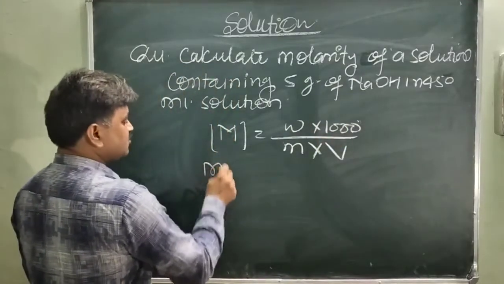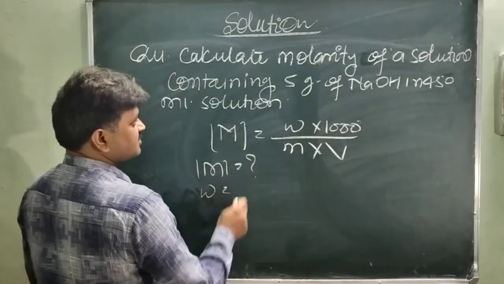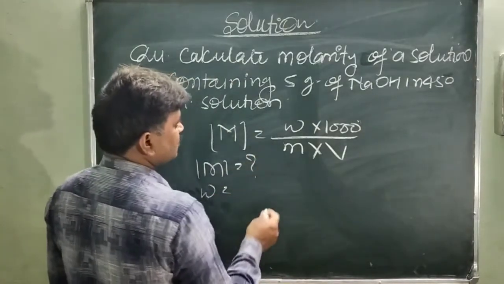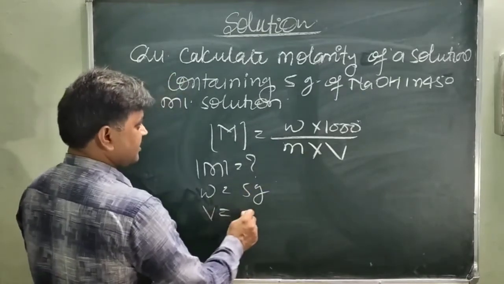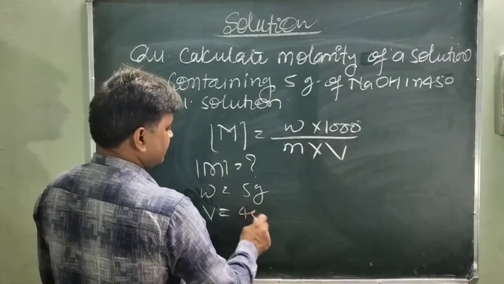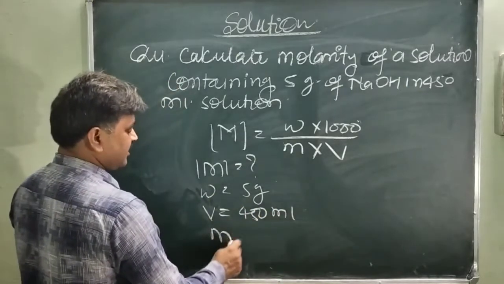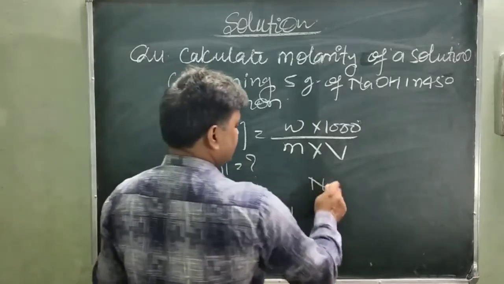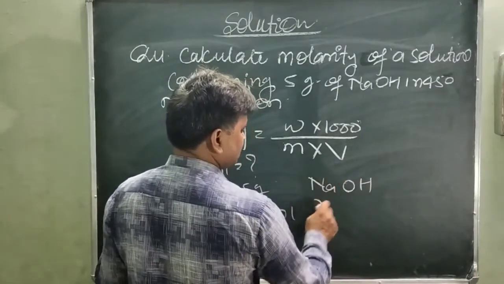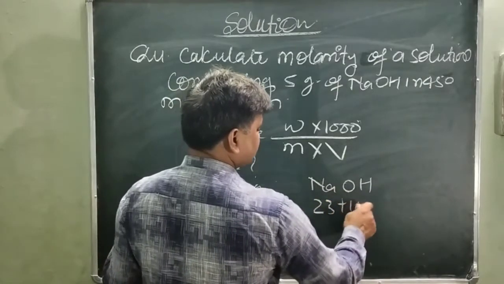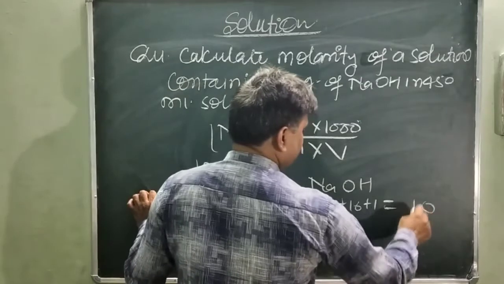So molarity should be calculated here. W is given, this is the weight of the solute, 5 gram, and the volume V is given, this is 450 ml. The molar mass of NaOH: atomic mass of sodium is 23 plus 16 plus 1, this is 40.